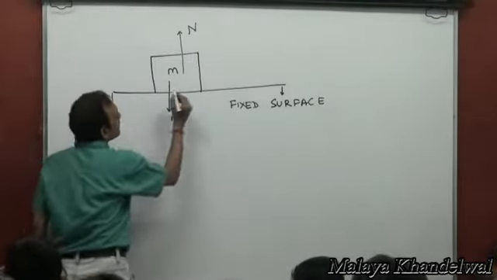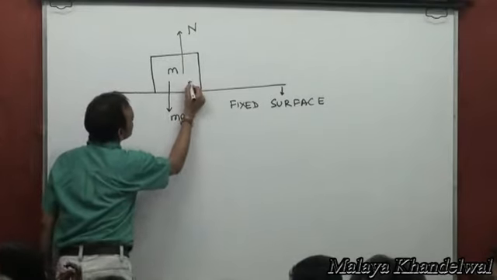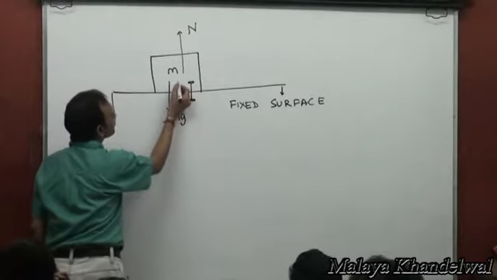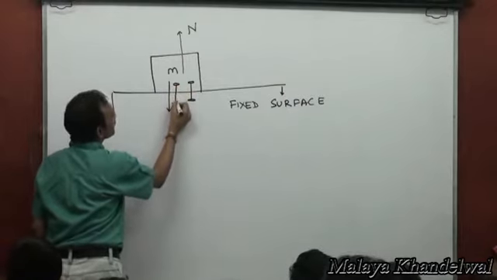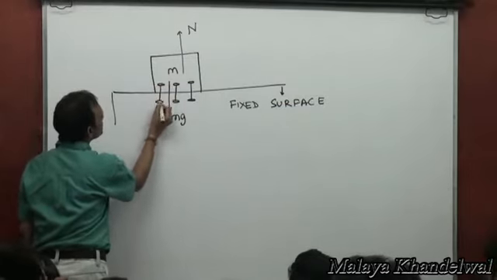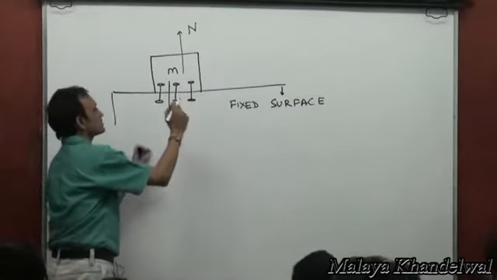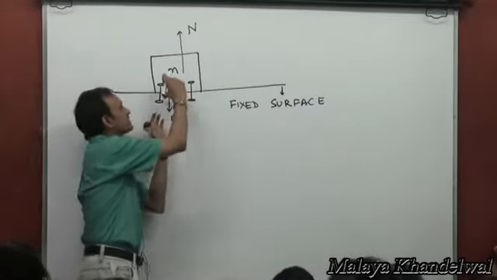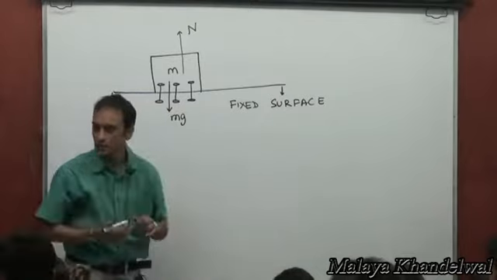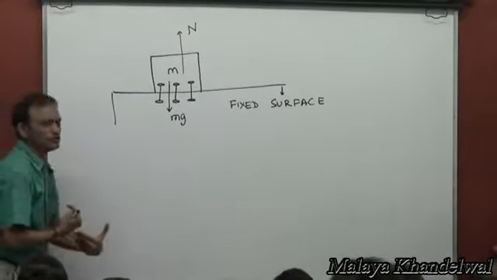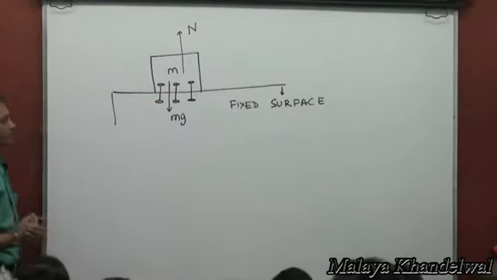Now, imagine that this mass M is connected to this fixed surface by means of these pins. There are these pins that are connecting M to this fixed surface. Now, what do these pins do essentially?